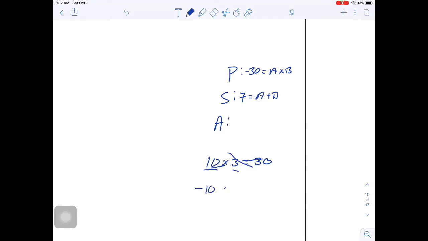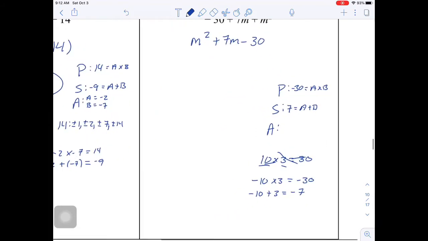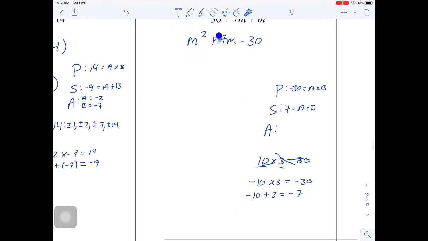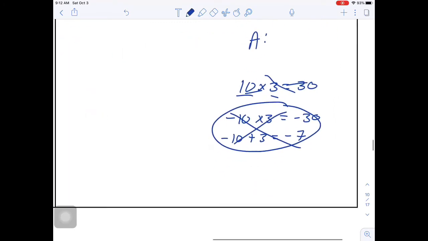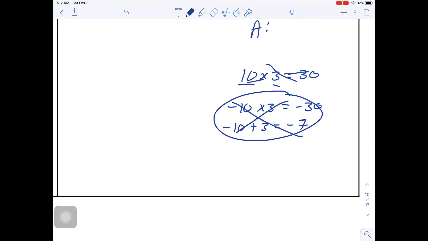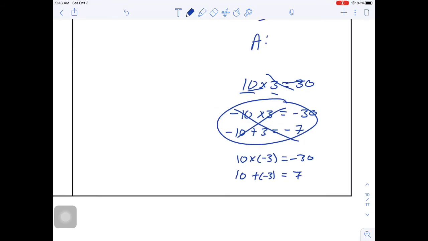So I'm going to do negative 10 times positive 3, which will give me negative 30. Negative 10 plus 3 gives me negative 7. I need that 7 to be net positive. So what I'm going to do is, this isn't my answer, but I'm just going to flip the signs. I will try 10 times negative 3, which still gives me negative 30. 10 plus negative 3, which will give me positive 7.